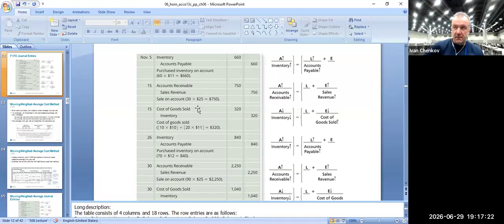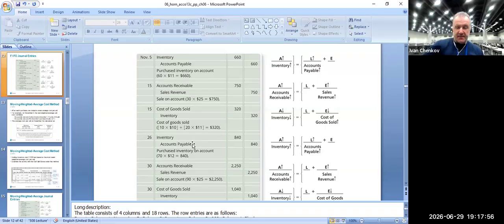And then we're going to show the cost of goods sold of the inventory that we just sold, which is the beginning 10 units and 20 units from the first purchase on November 5th at $11. So that's going to be cost of goods sold for $320, and inventory going down because we don't have those 30 units anymore. That will be $320 credit on the inventory.